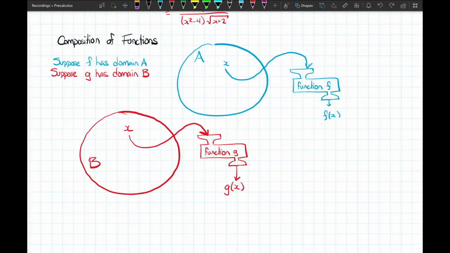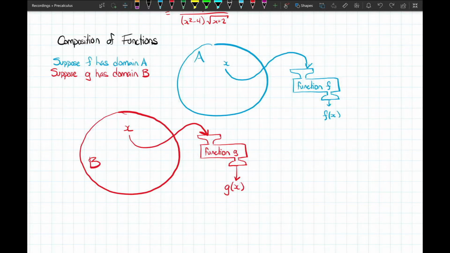With composition of functions, we'll suppose again that f has domain A and g has domain B. I've got a very similar looking picture here. But what we're going to do in this case is, let's suppose that we were to take x and then we wanted to plug that into g. And then what we get as a result, we'll plug that into f.